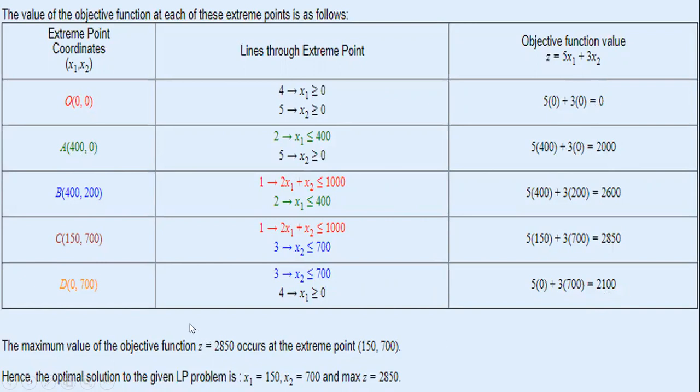The problem is maximization. So in this table, you see the highest value occurs at point C for the coordinate 150, 700. So the maximum value of the objective function is at point C for the coordinate 150, 700 and the value is 2850.